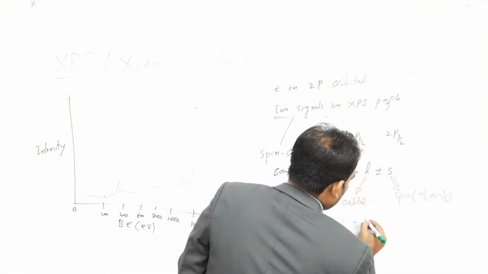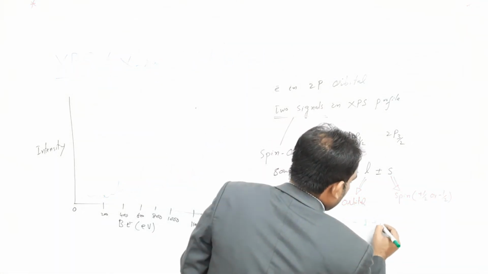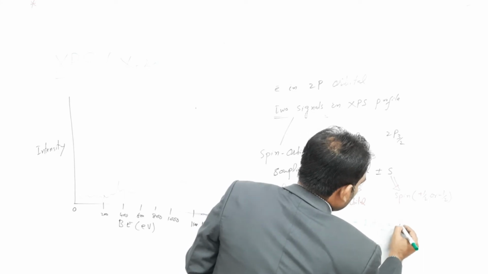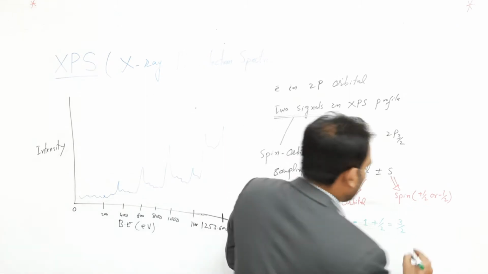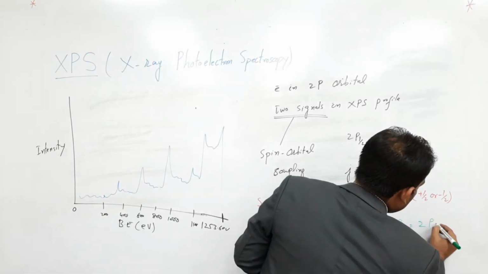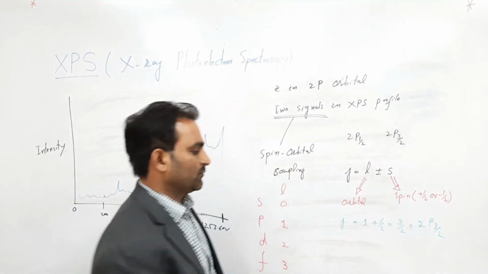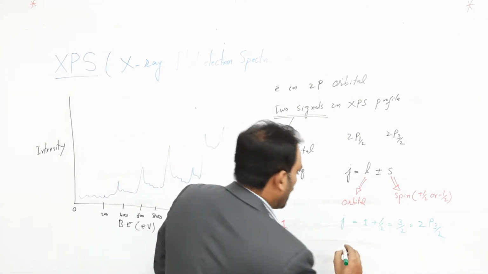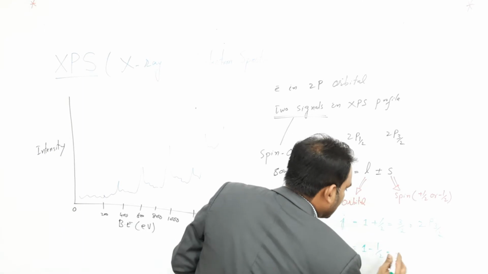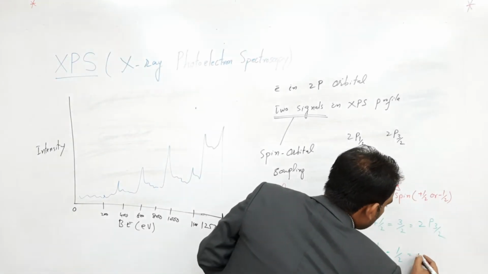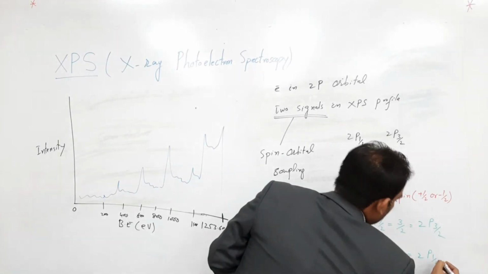One where L is equal to 1 and spin is 1 over 2. This will be equal to 3 over 2, so this will become 2p 3/2. There is another option, that is 1 minus 1/2, where spin is minus 1/2, which will be equal to 1/2 and gives 2p 1/2.